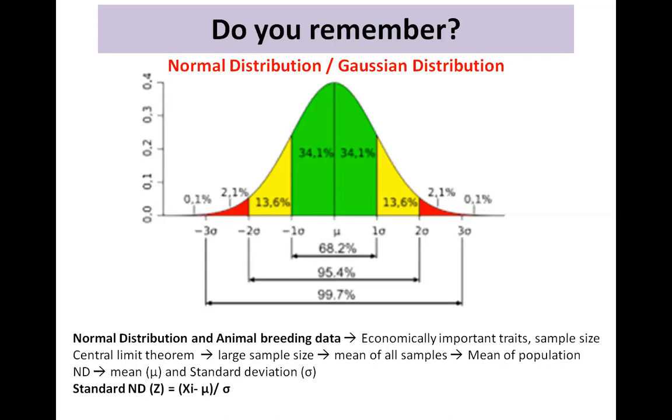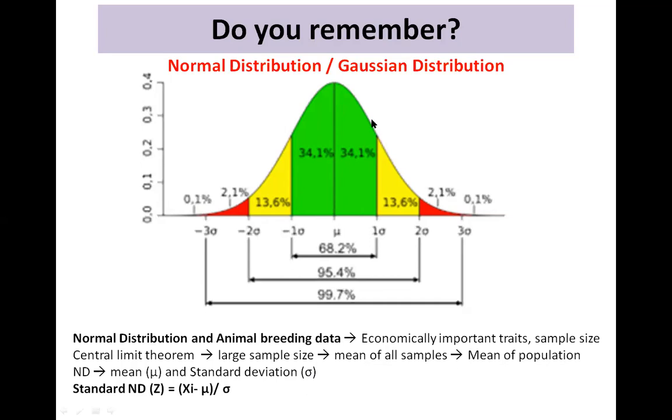So out of the total number of observations, about 68.2% of observations or values lie within the range of 1 sigma. 1 sigma is a standard deviation. This symbol is the standard deviation. So we know the deviation from mean, 1 sigma deviation on the plus side and 1 sigma deviation on the minus side, that's why it is called standard deviation.